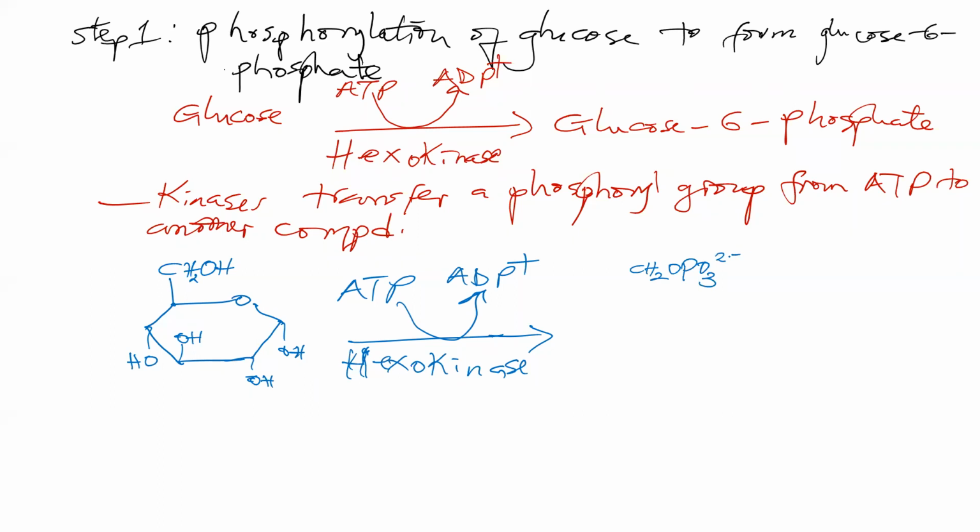Two minus, like that. And then the rest of the structure comes back. So we have OH, OH, OH, and OH. So here on the left, we have glucose. And this side, we have glucose 6-phosphate, which is produced.